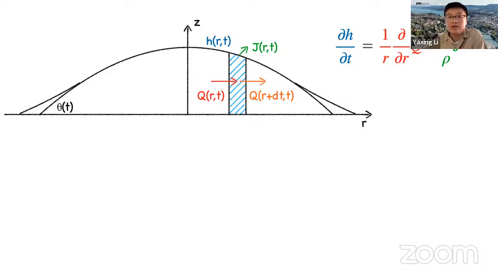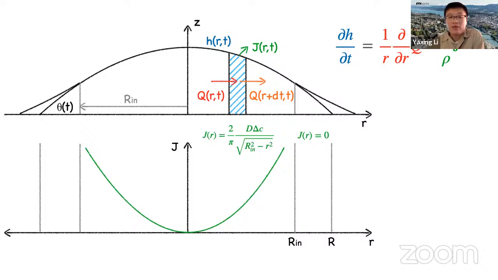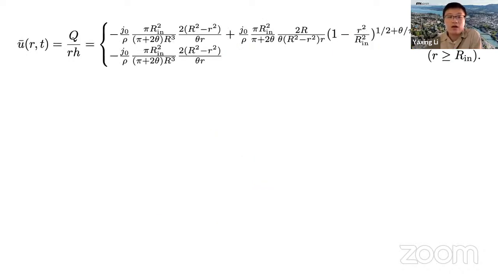The flux within the droplet and the evaporative flux determine the mass conservation of this little cross-section. Then we also have the profile of the evaporation rate, named J, and we insert this J into the equation. With some geometric relationships, we can resolve the radial velocity.